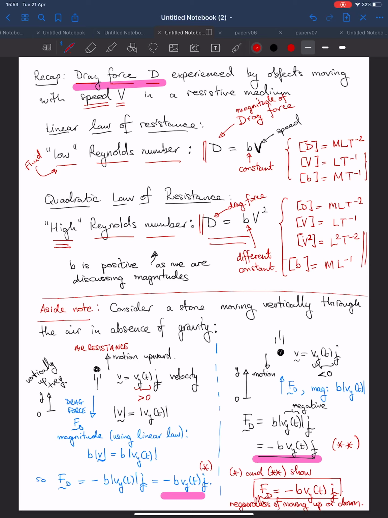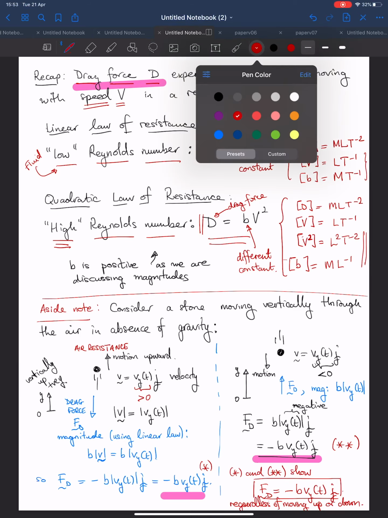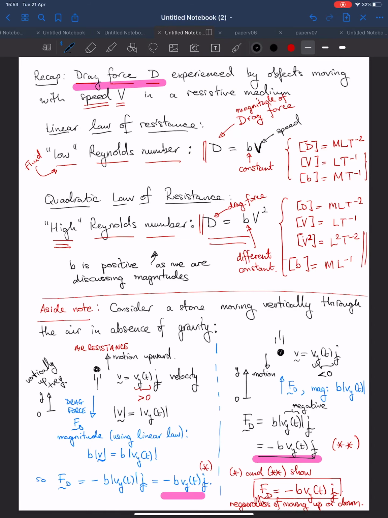So what we need to do now is some examples. In this example, we have a ball bearing placed in oil. Very important piece of information, because this is telling you what you should do: a low Reynolds number.